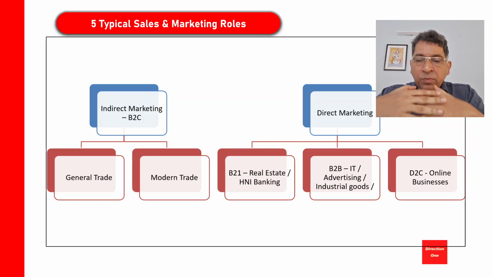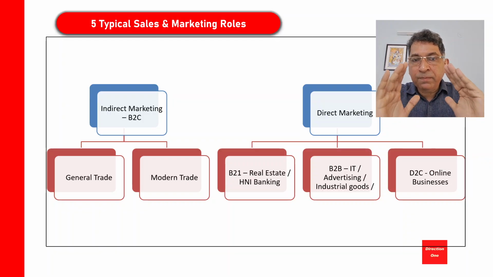So you do marketing to a distributor, and that distributor is not buying the product for himself because he intends to sell it further to a retailer or a wholesaler. You do marketing to a wholesaler who buys with the intention of selling it to a retailer. Does the retailer buy for his own consumption? No, because he's buying it to sell it to a consumer.